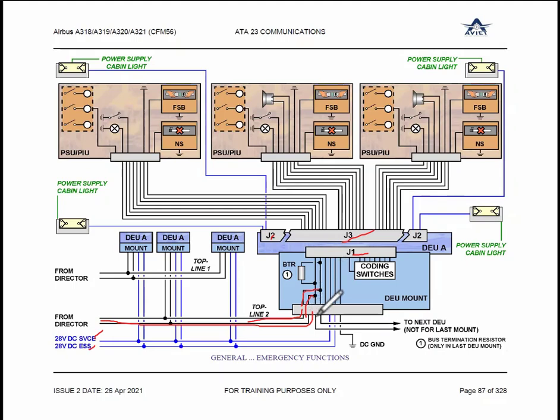And from the DUA, it goes to the next DUA. Is that clear, guys? So let's say the line is broken here, it will not affect the operation of this one. It will affect the operation of the subsequent DUAs. That's how the interface is made, the connection is made.